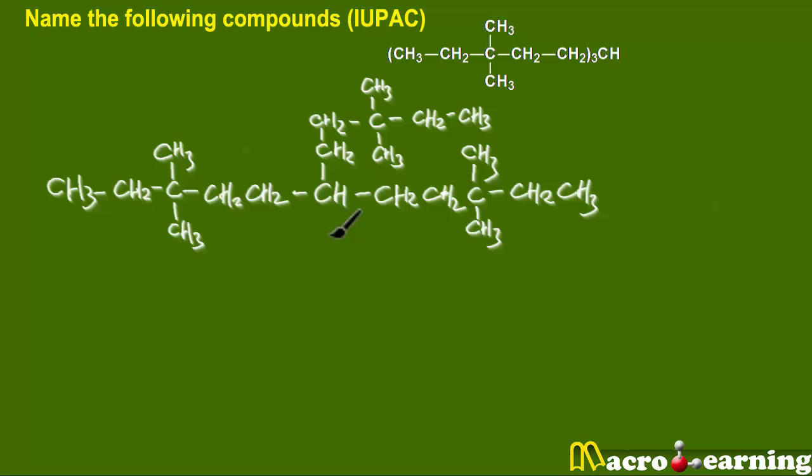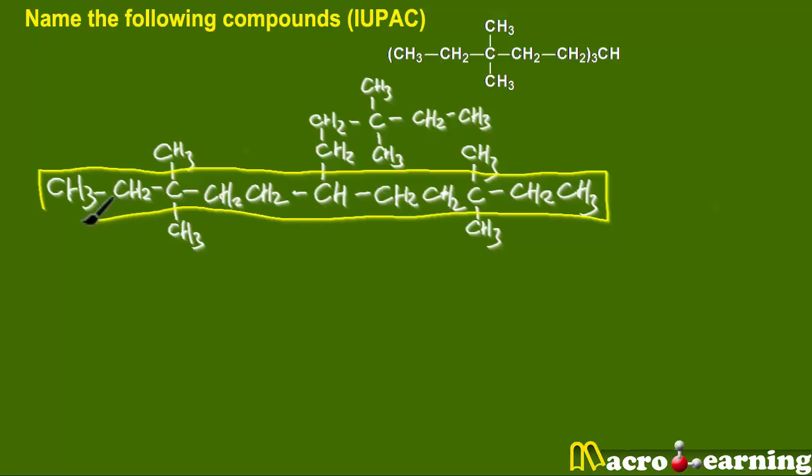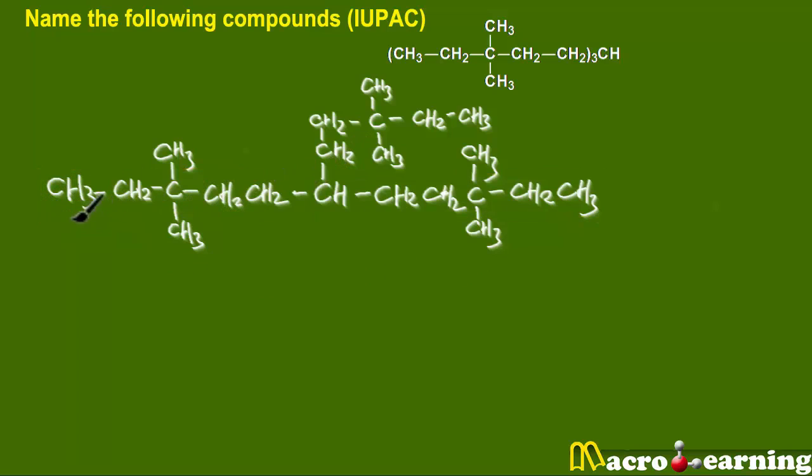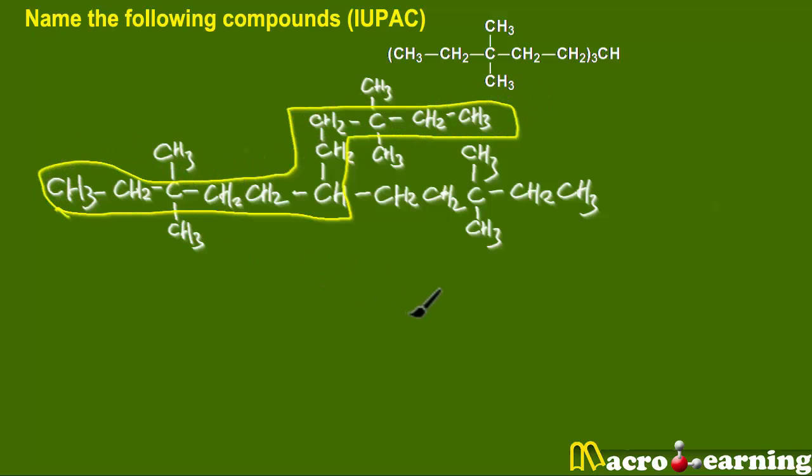So now let's pick the main chain for this. It's actually not that hard because it's simply gonna be this long chain here. Okay, it could be this one here too, but it will be the same, no difference.